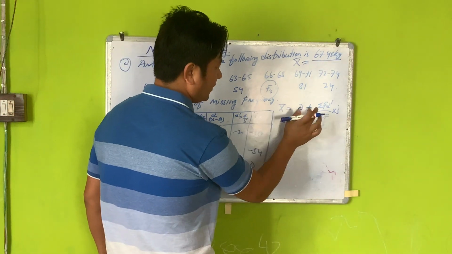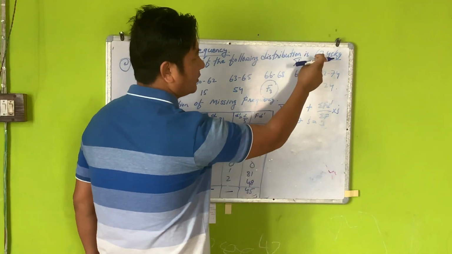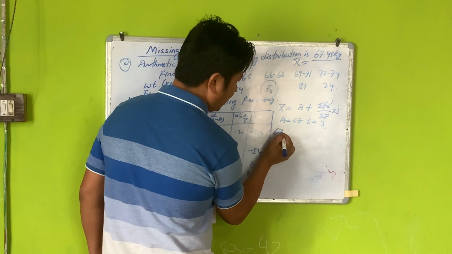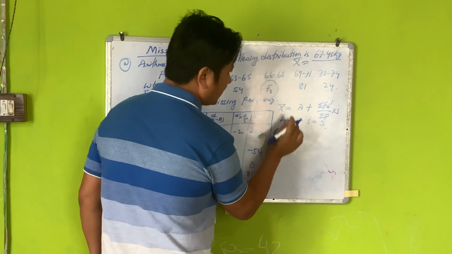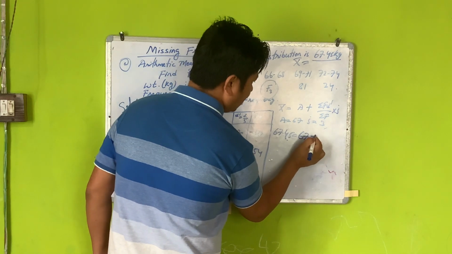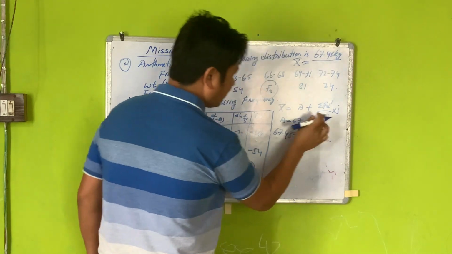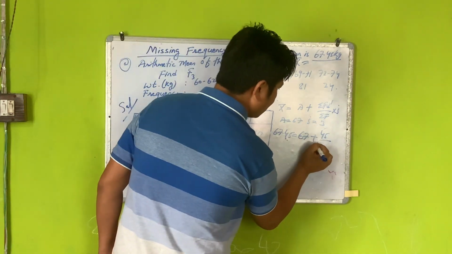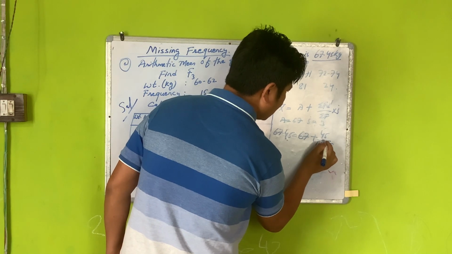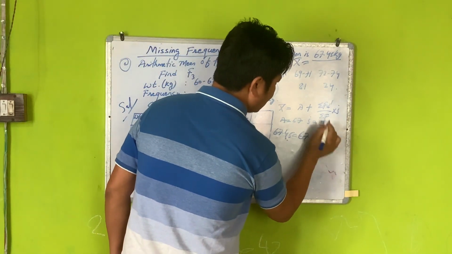So in the formula we are going to put x bar, which is given now, 67.45. So 67.45 is your x bar, equal to a, which is 67, plus fd dash, which is 45, divided by summation of f, which is 174 plus f3, into i, which is 3.